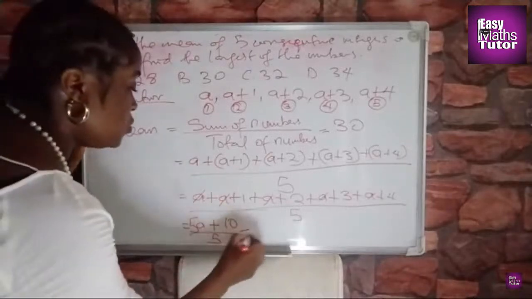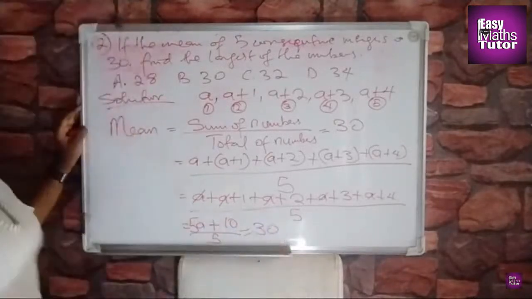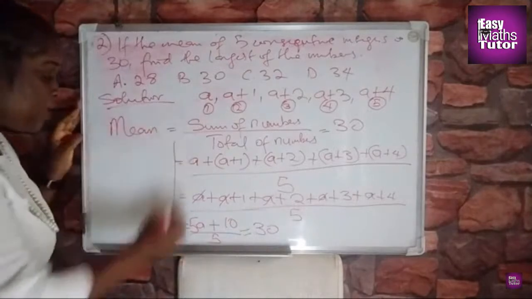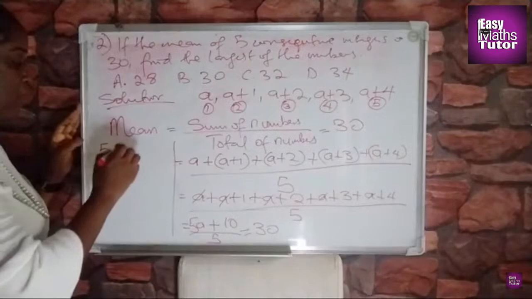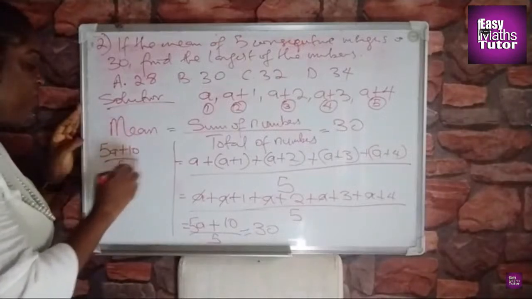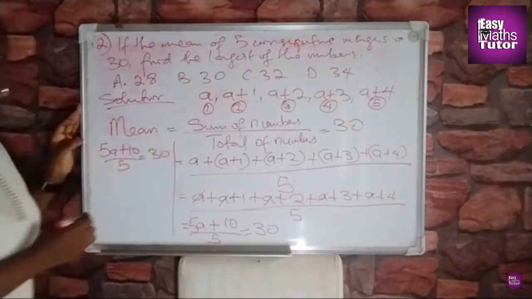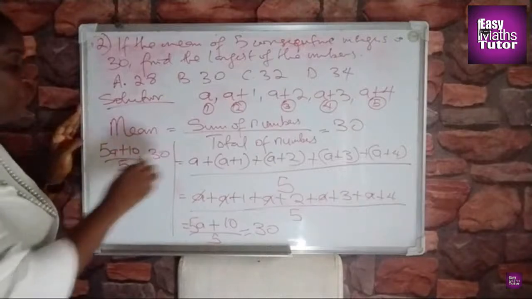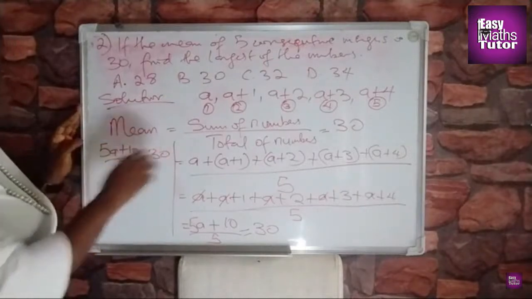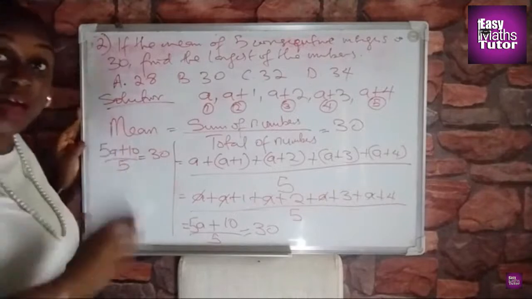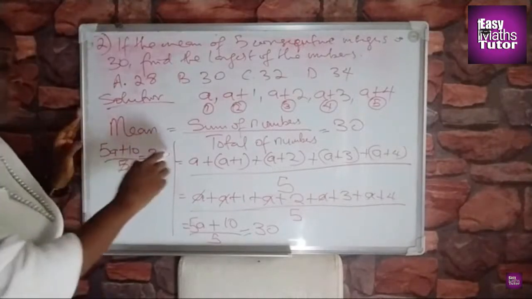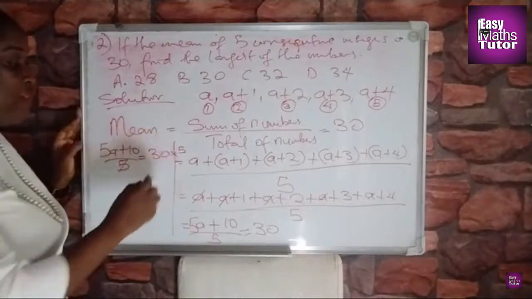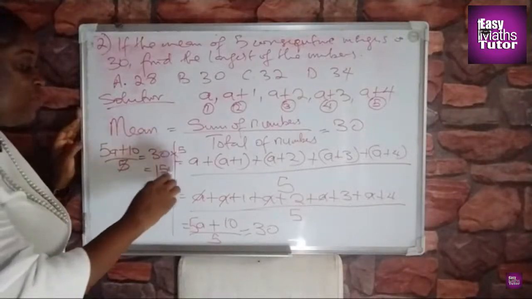Remember, it's equal to 30. So we say 5A plus 10 all over 5 equals 30. If we multiply both sides by 5, we cancel the 5 here and multiply 30 by 5, giving us 150.